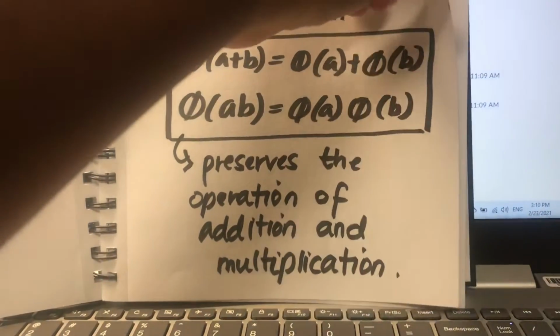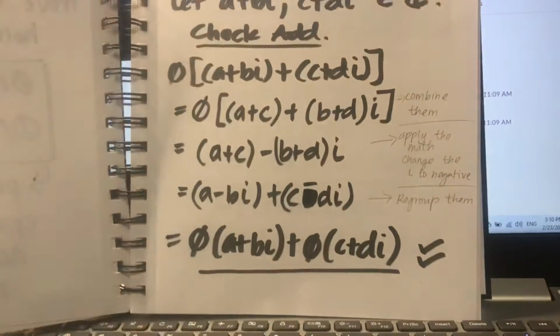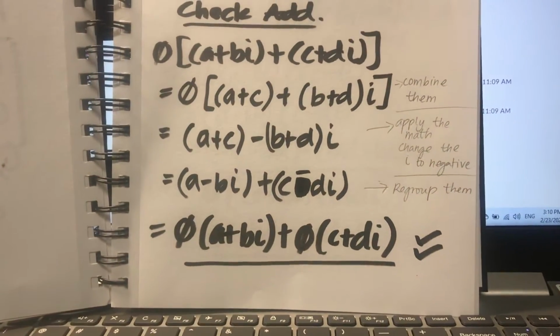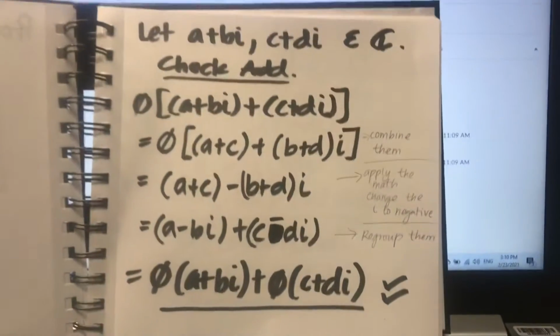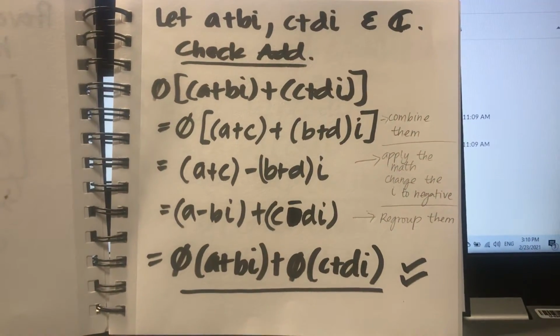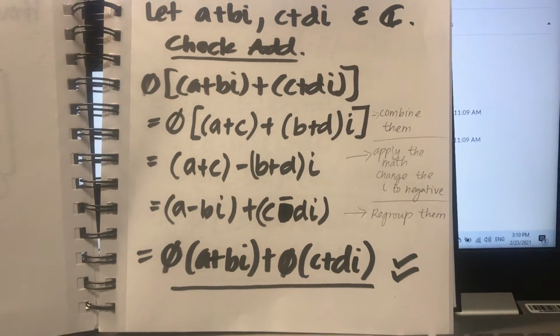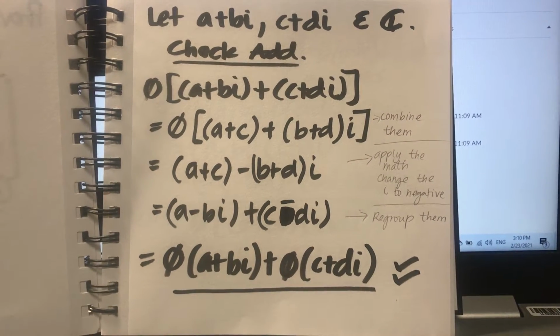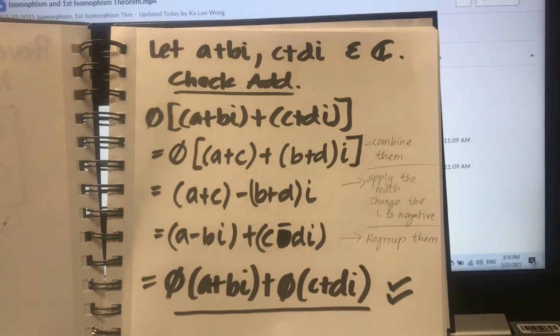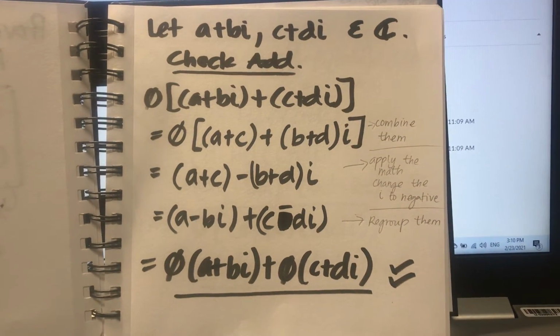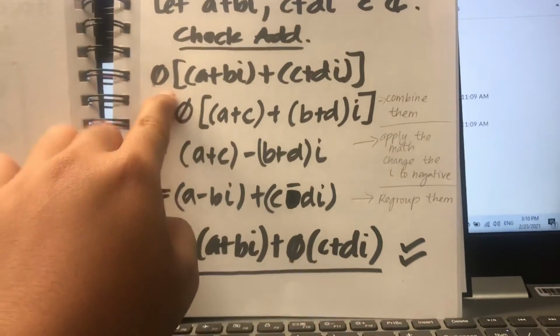Next, we're going to use what we have to check if it preserves addition and multiplication. First, we need two complex numbers. We can use a + bi and c + di, and for the addition we write it like this.